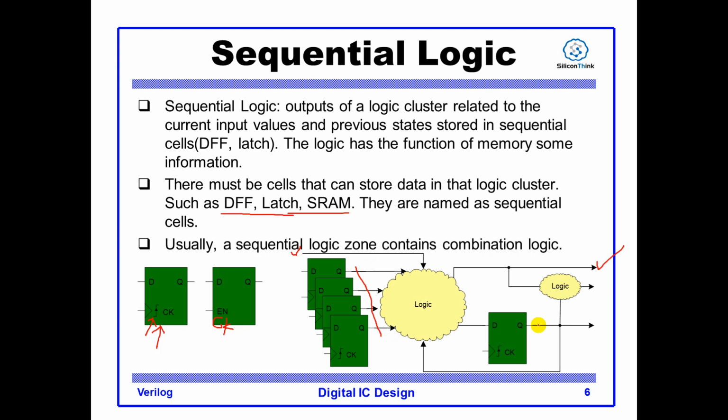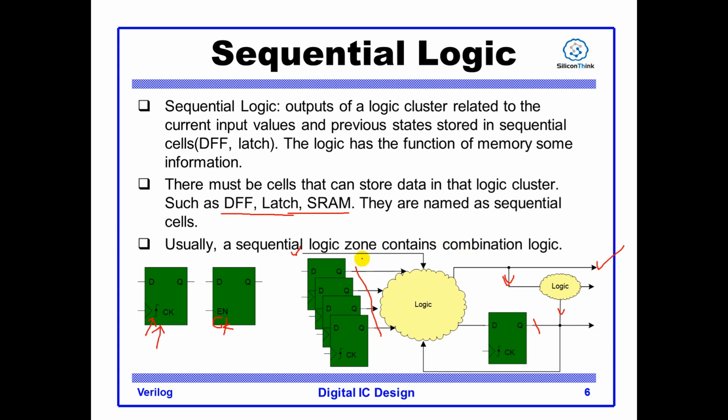Also, it will be related to this DFF. This output is almost the same. The output will rely on the value here and the value of this DFF. And this output will only be related to the value of this DFF. This is also okay.